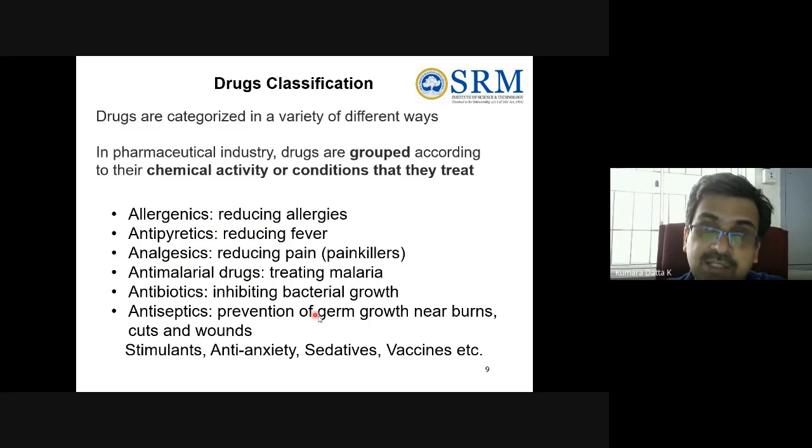And there is quite a variety of stimulants, anti-anxiety drugs, sedatives, vaccines. Of course you must appreciate the importance of vaccines, because of which most of us are safe and fine.